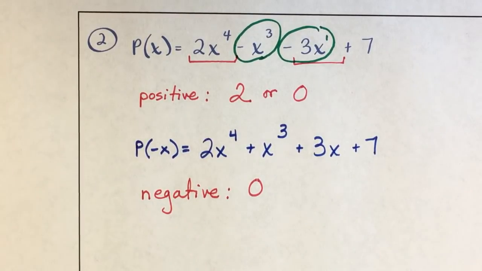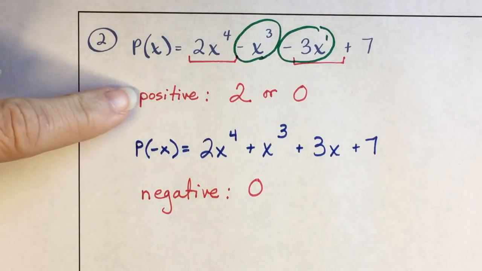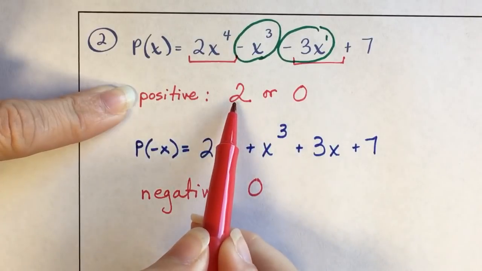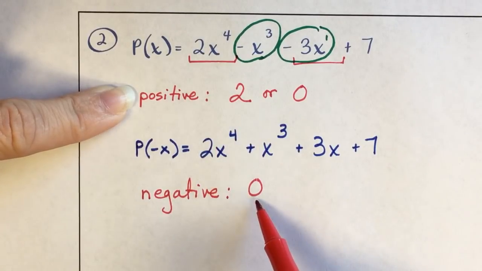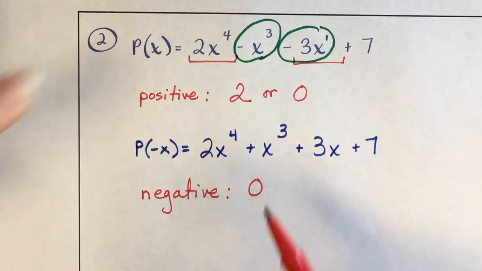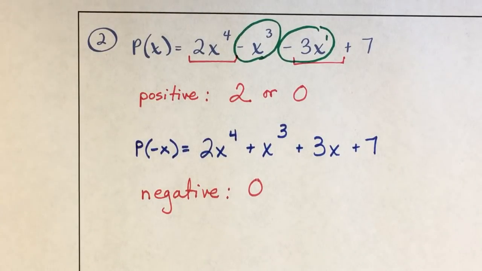So continue to subtract 2, but don't write down anything that's negative. That lets you know that you need to stop. So out of your 4 answers, remember this one's going to have 4, you could have 2 positive and no negative, or you could have no positive and no negative. But like I said, where the rest of them come in would be, it's possible some of them might be imaginary.